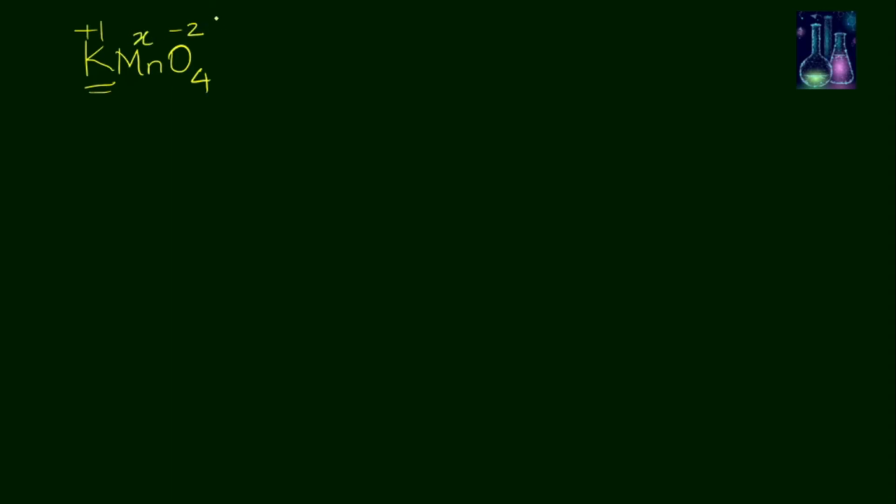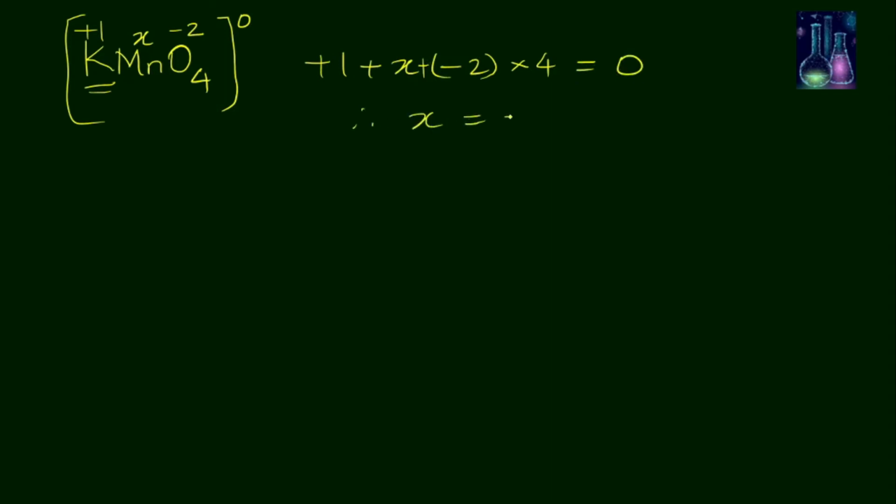Since it is a neutral molecule, the overall charge is 0. Let's do the arithmetic: +1 plus x, plus 4 into -2, which is -8, is equal to 0. So x is +7. Here Mn shows an oxidation state of +7.